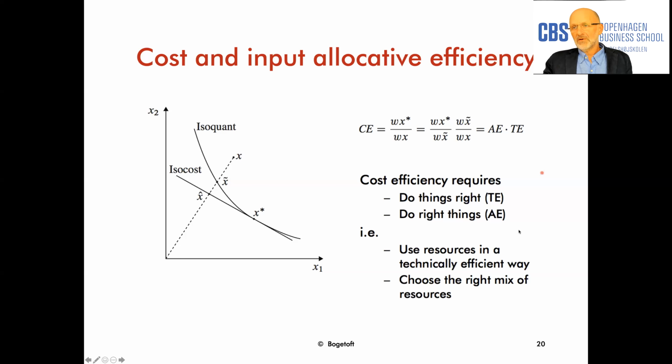In terms of interpretation, we often use phrases like this. Cost efficiency requires not only to be on the frontier, which is technical efficiency, which basically means do things right. Whatever you do, you do it in an efficient way. So here you are doing stuff in an efficient way, technically.